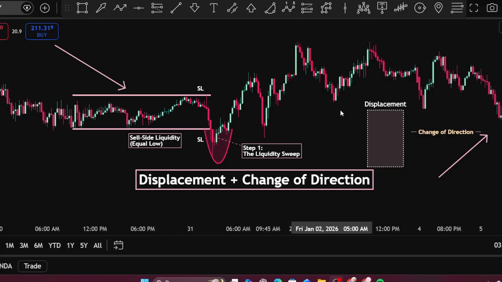All right, so after the liquidity is taken, they took all the stop losses in this area. We look for a strong move away from that level, this level. This is our strong move in the opposite direction.